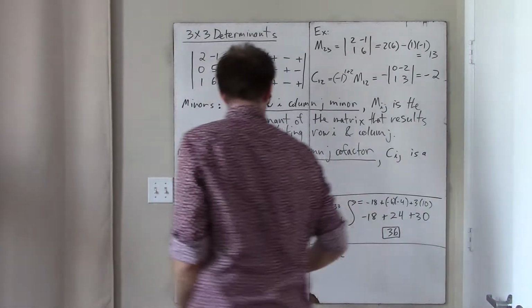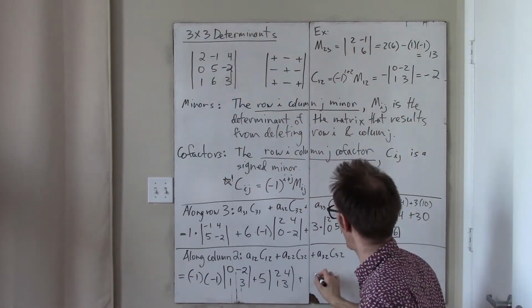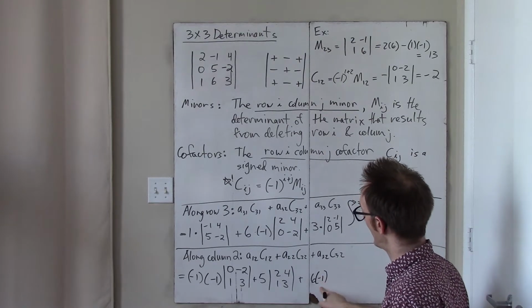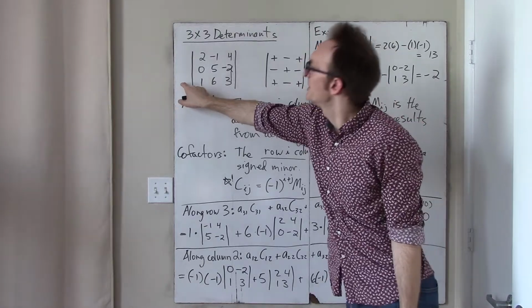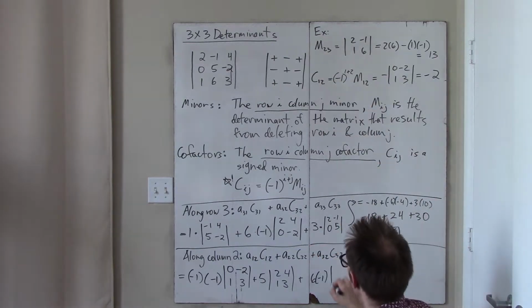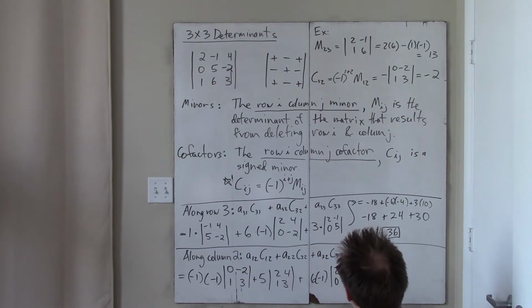Plus, what is in that spot is a 6, but 3 plus 2 is 5, which is odd, so I stick a -1 in front of the 3,2 minor. The 3,2 minor results from deleting row 3 and column 2, leaving me with this 2 by 2 determinant 2, 4, 0, -2.